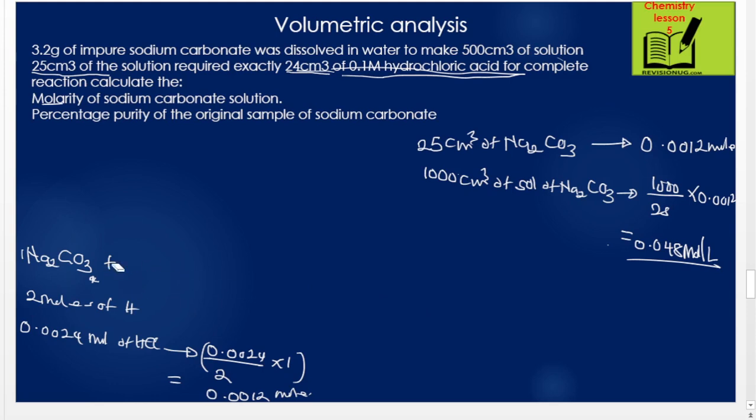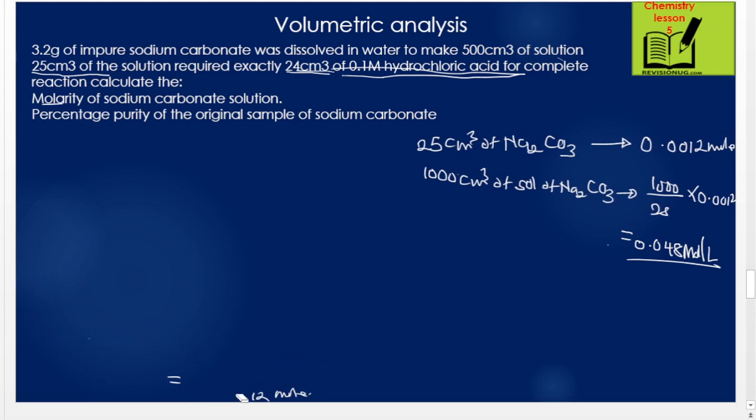When we are changing moles to mass, we use the leading statement, which says 1 mole of a substance. What is the substance? We are dealing with sodium carbonate here, is equivalent to its relative formula mass, right?